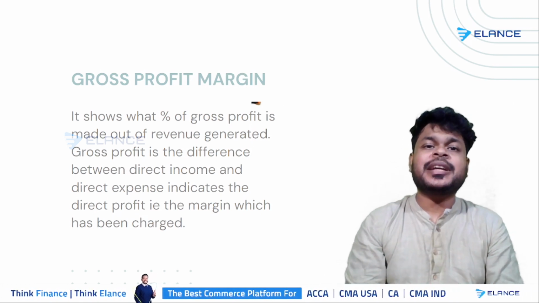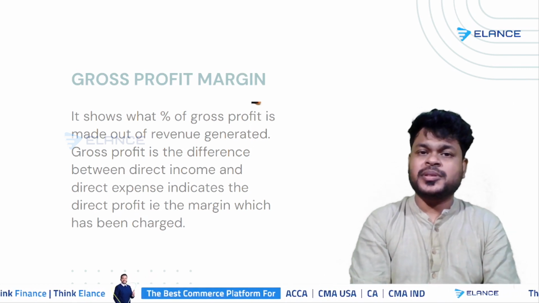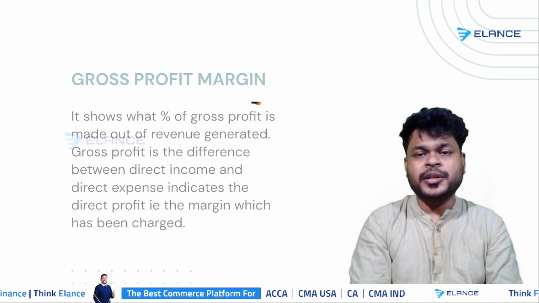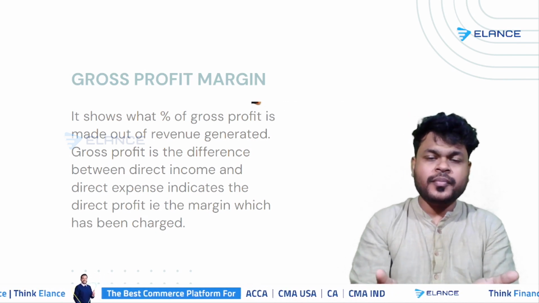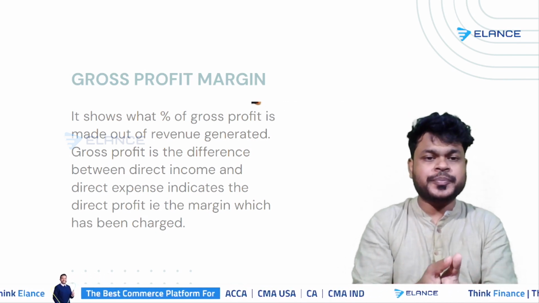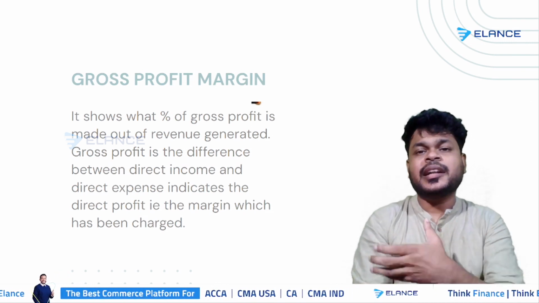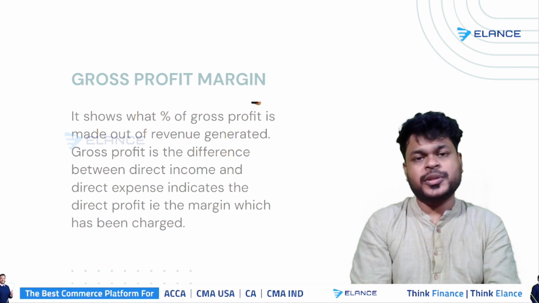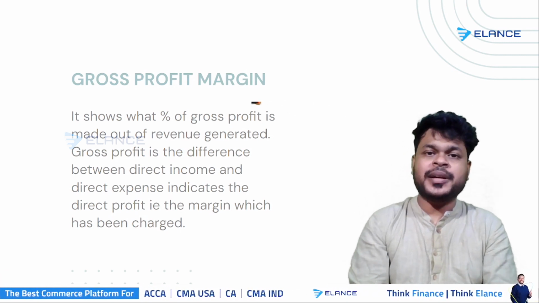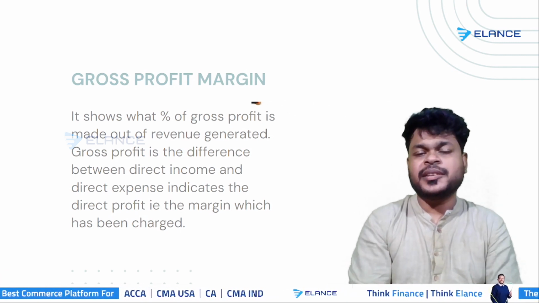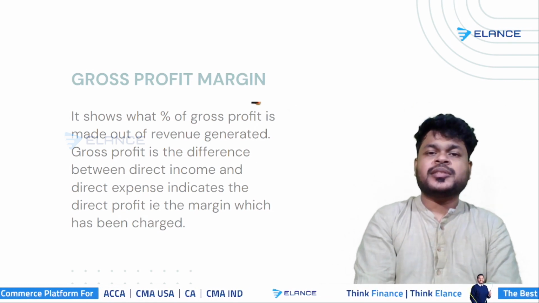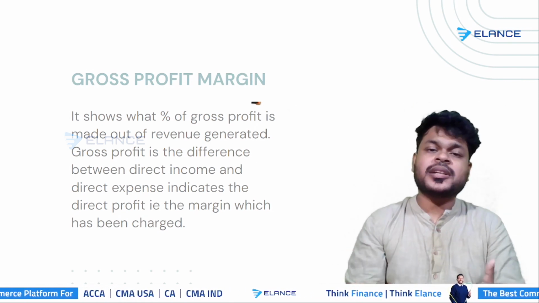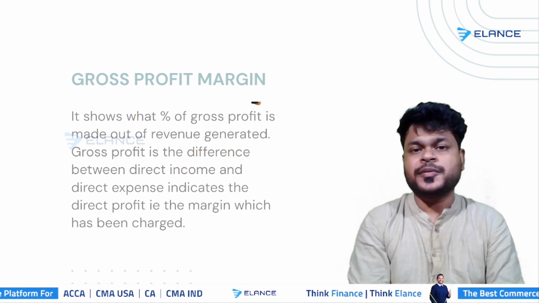This may be due to inefficiencies in the production processes, or underlying situations like recession or COVID, or war, whereby your raw material costs and everything increase. So those situations can also affect your gross profit margin.